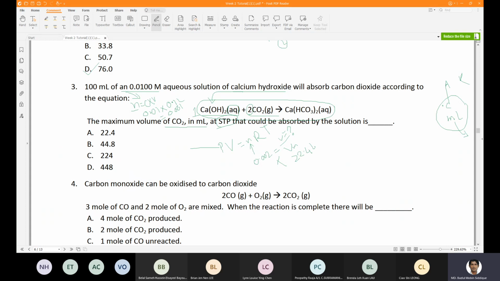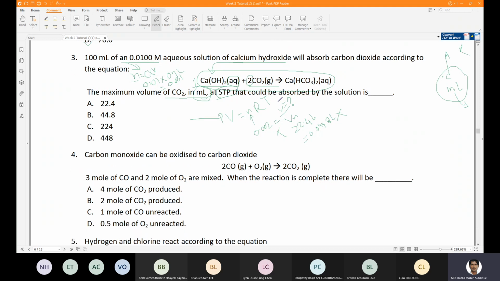So it is going to be 0.0448, and it is in liters, and we have to convert it back to milliliters because the question says milliliters. So in an exam, read the question first.